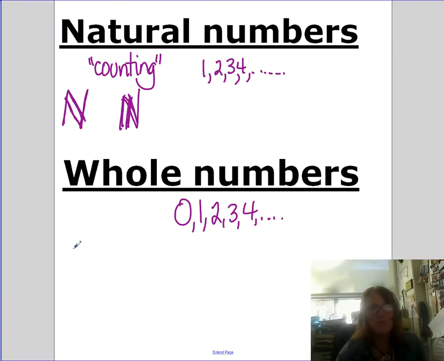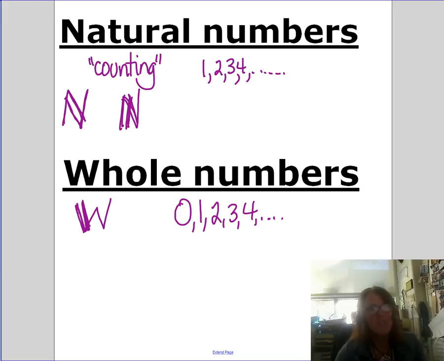These are the whole numbers, and the whole numbers have a special letter to represent them. Have you got a guess? Whole. Captain Obvious, it's a W, yes. So you make a capital W, but put 2 slashes in this downward stroke for the first part of the W. That's whole numbers, all right?